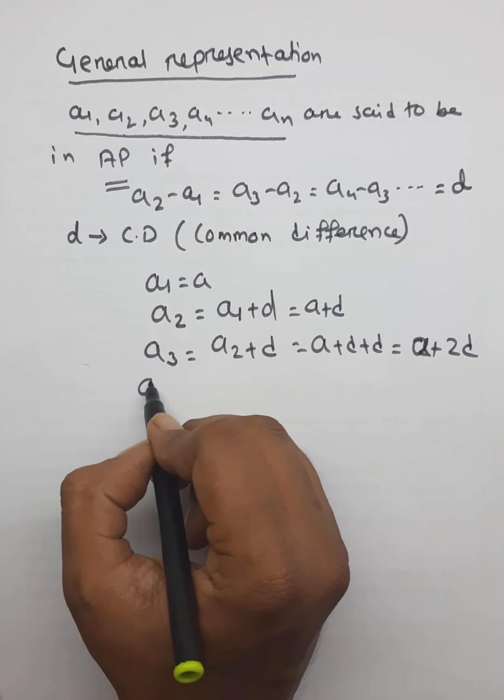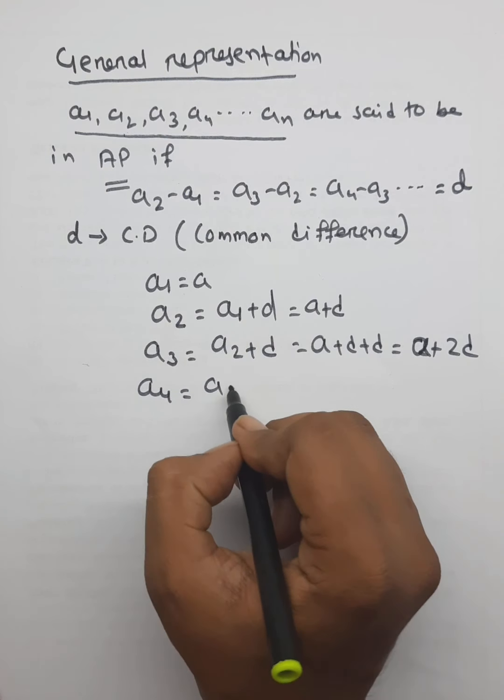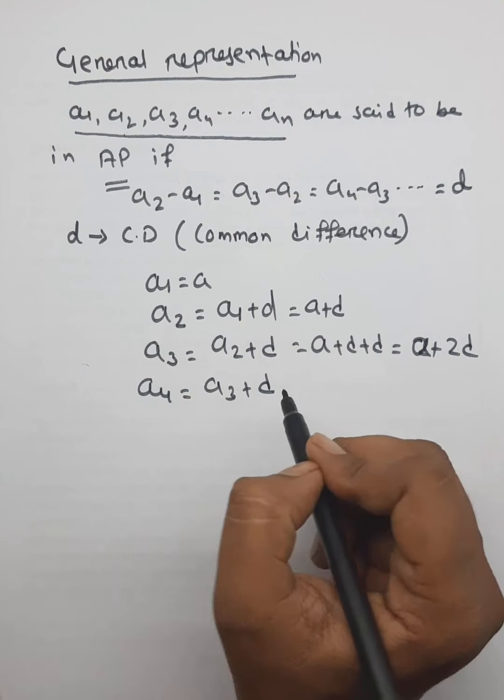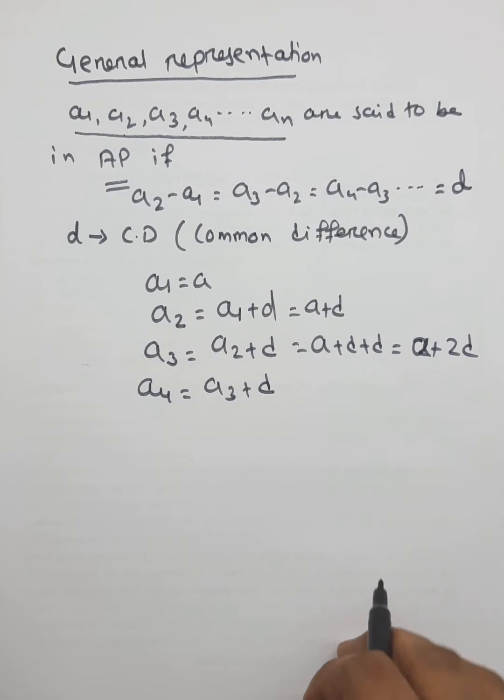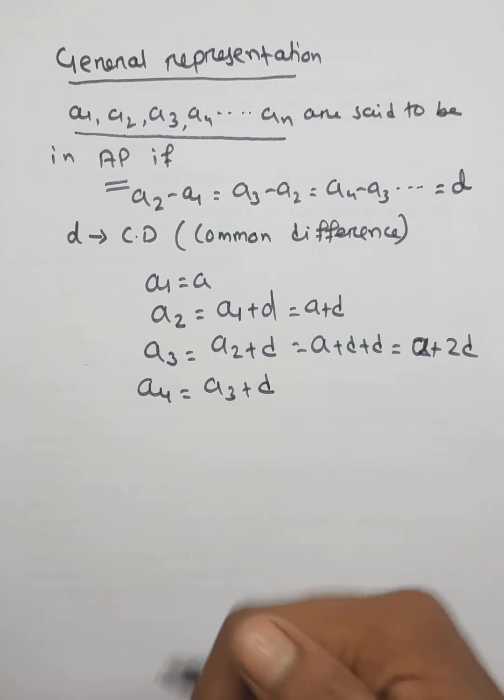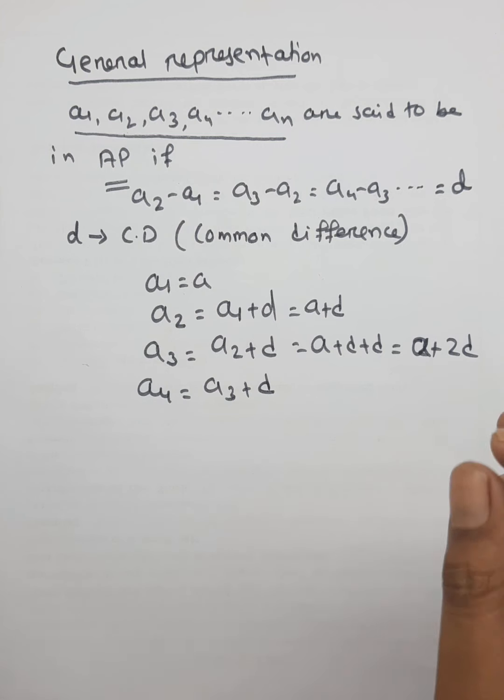So A4 will be A3 plus D. This is all the concept of your exercise 5.1. So let's see some of your examples.